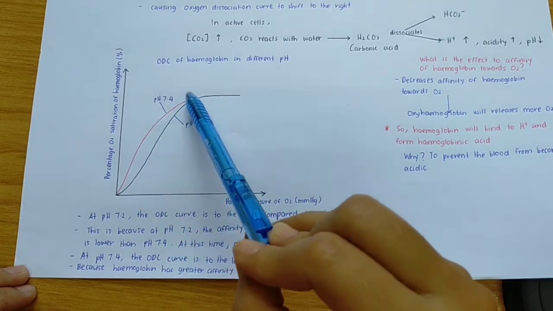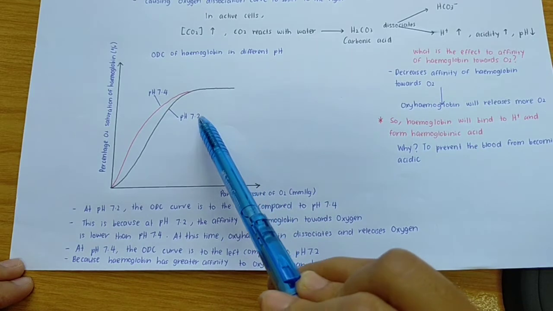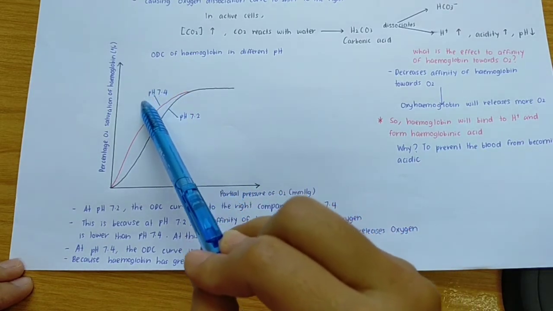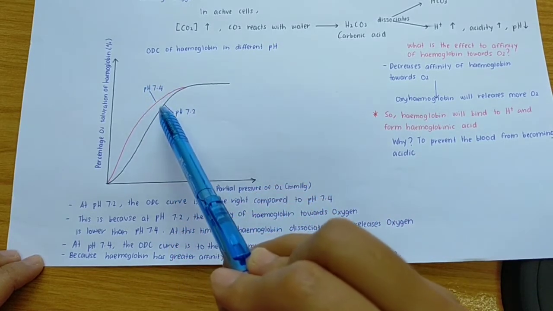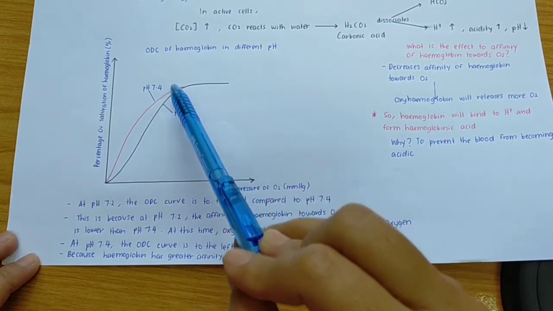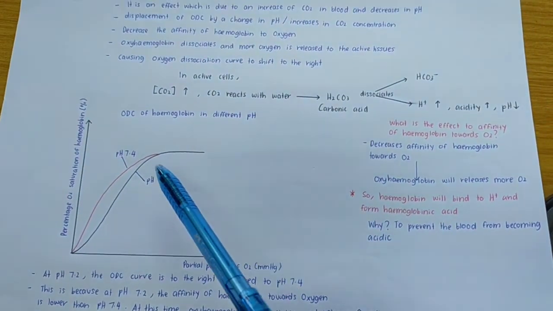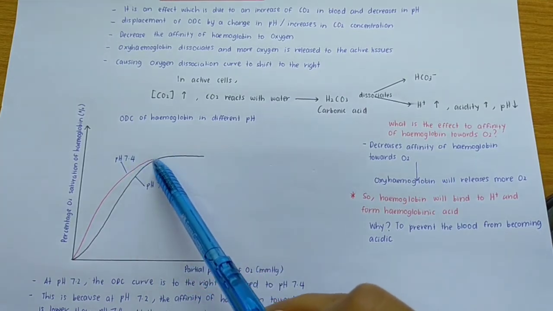Tapi kalau untuk pH 7.4, since pH dia lebih tinggi daripada pH 7.2, the affinity of hemoglobin towards oxygen is greater. So what happens at this time? It means that more hemoglobin will bind to the oxygen. Okay, so this is the difference of ODC of hemoglobin at different pH.